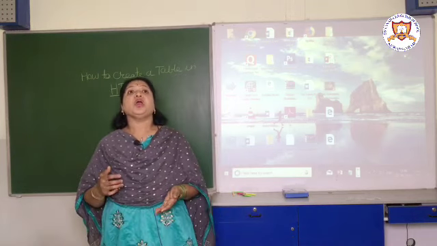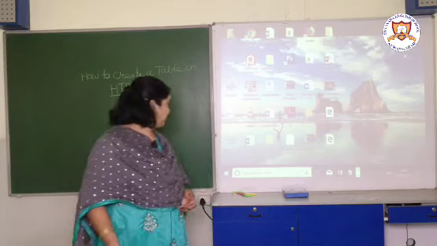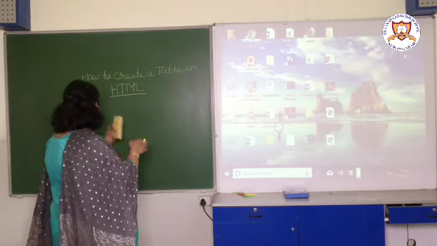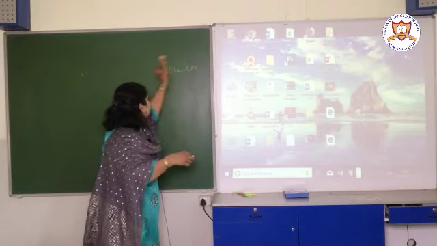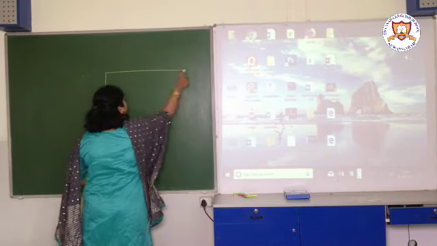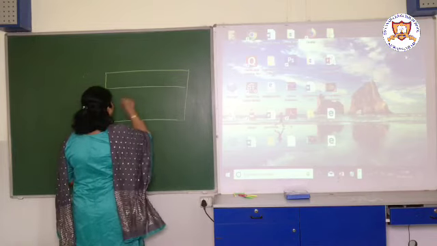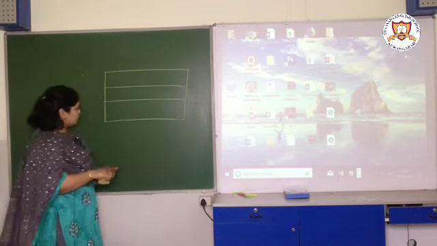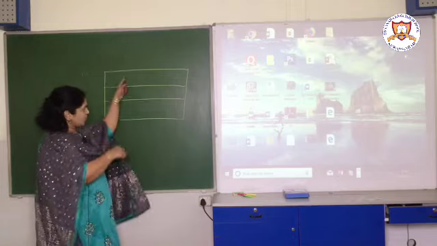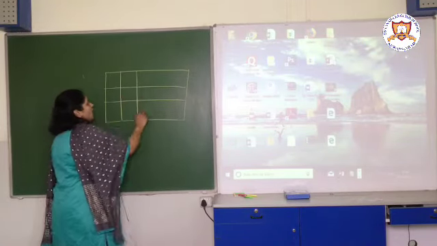But how to arrange that data in rows and columns? Before explaining this, first of all, you understand what is meant by row and what is meant by column. If we draw a table, in a table the horizontal ones are the rows. So these are the rows, horizontal are the rows and vertical are the columns.